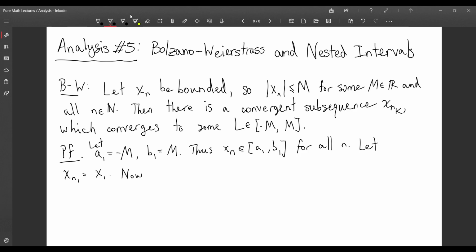Now, let, I guess I'll call it C, since we're already using x for the sequence. Let C be the average of a1 and b1. Of course, we know this is equal to 0, but it's not really important that we know it's 0.